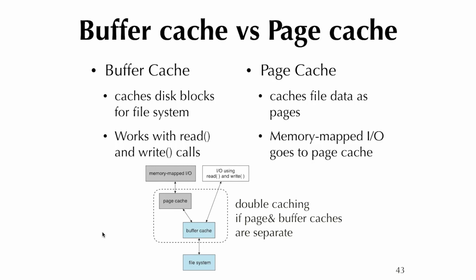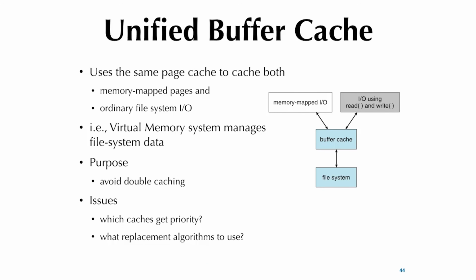And so if they're not aware of each other, the better way to do it is with the unified buffer and page caching. So in the unified scheme, what happens is this buffer cache actually handles paging as well. So any memory mapped I/O also comes in here. I/O read-write also comes in here. Right. So that way, the same page cache or same buffer cache is used for both, because they're the same, right?